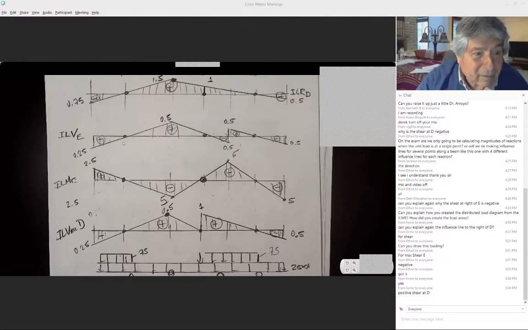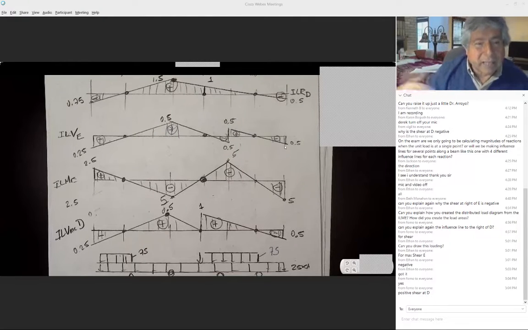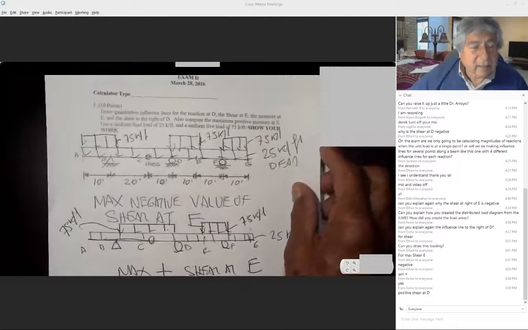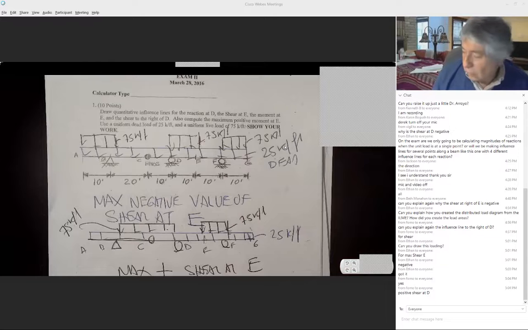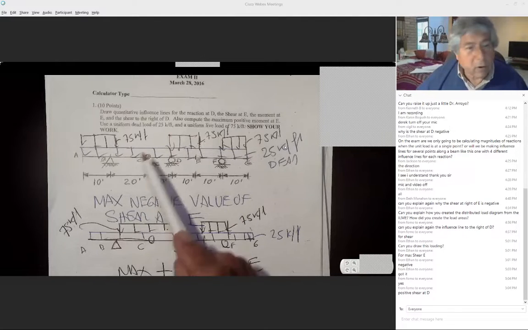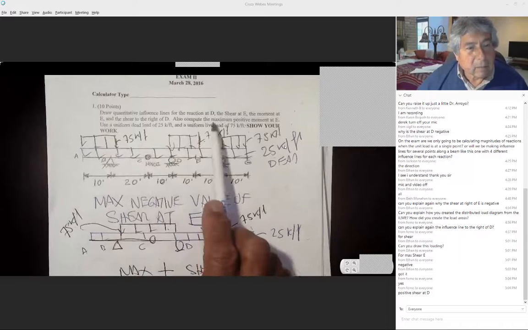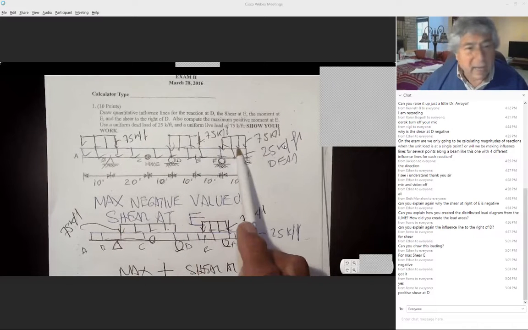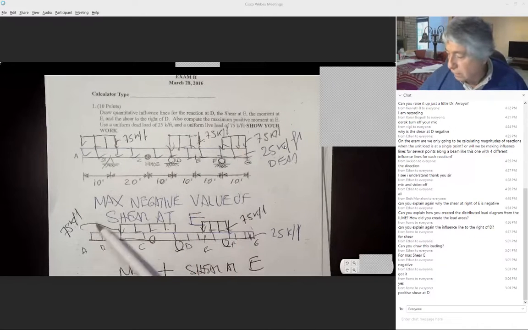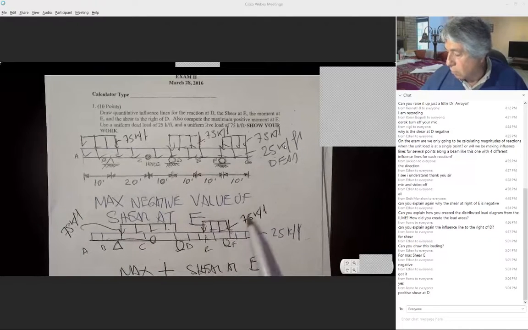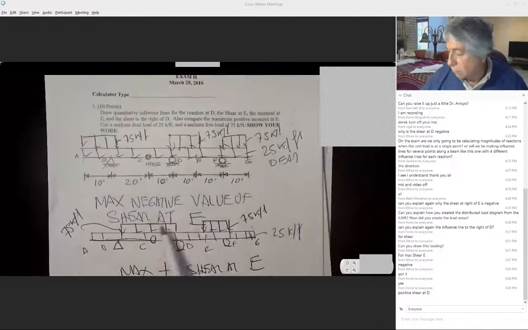For negative, you load this portion and this portion. So I did the negative before, and after that, I did the positive. So whatever I had loaded before I unloaded, and whatever I didn't load, I loaded with a live load.